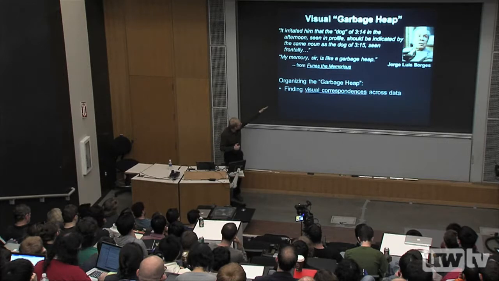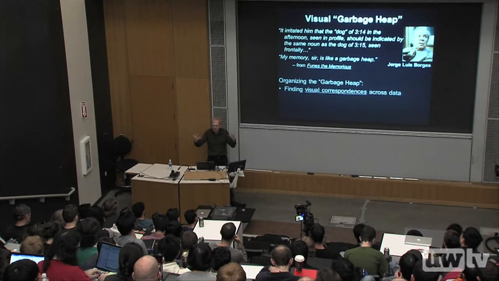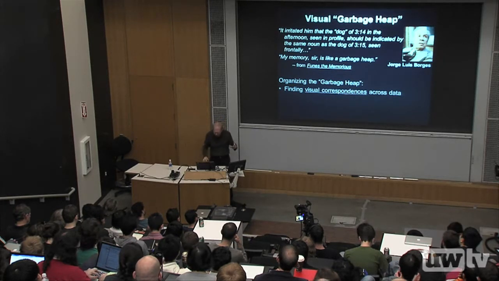In my view, the things we need to be doing are, first, we need to find the right visual correspondences across this data. We need to find out whether a pair of images correspond, whether they're talking about the same thing or different things.